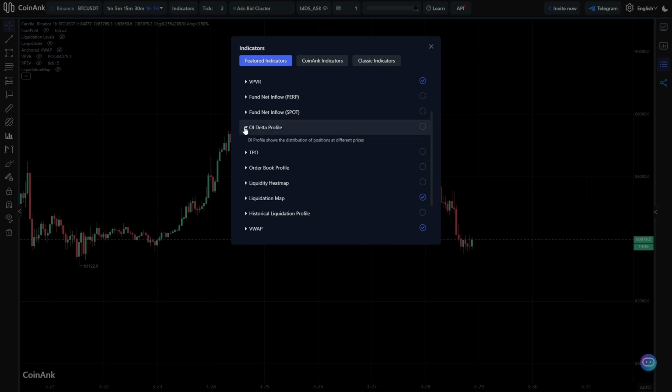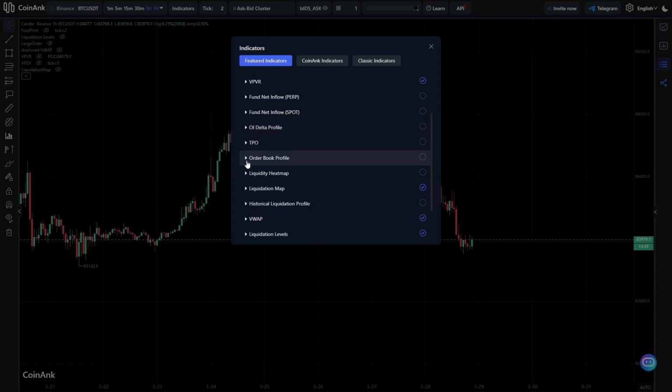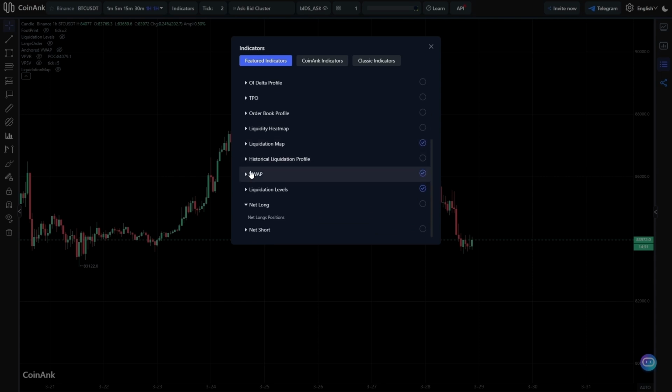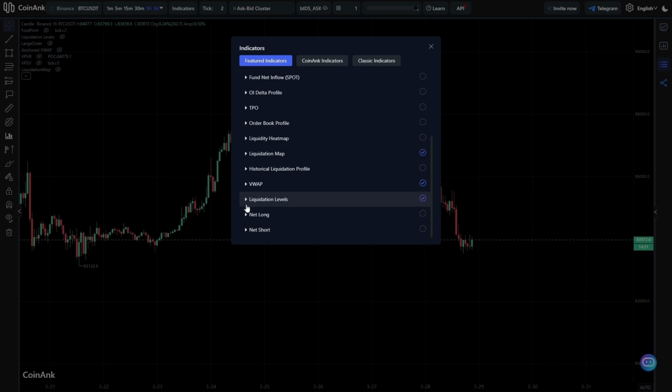For perpetual spots, you can have your OI, so open interest delta profiles, your TPO, your order book profiles, liquidity heat map. I have a liquidation map on as an indicator. I also have my VWAP there, my liquidation levels, and I also use these net longs and net shorts, which we will get into in a second.